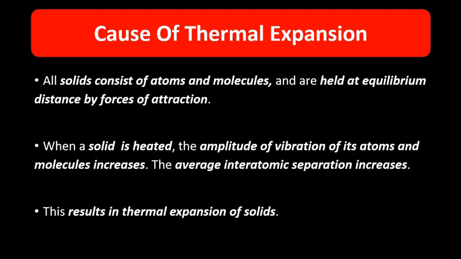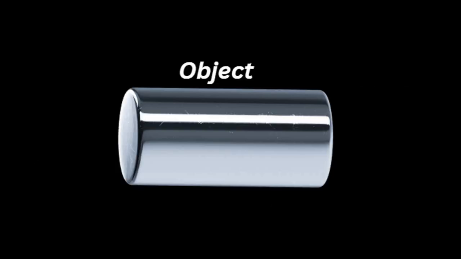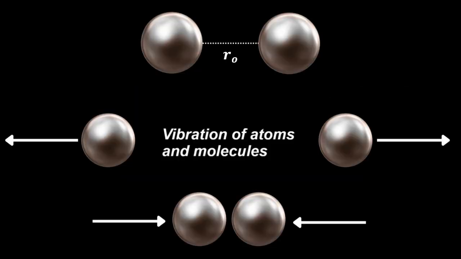Okay, and they are held at a certain equilibrium separation distance, the minimum equilibrium separation distance. Every object has atoms and molecules, and they are naturally in an undisturbed position when there is no external force. They are at a certain minimum equilibrium separation R0.